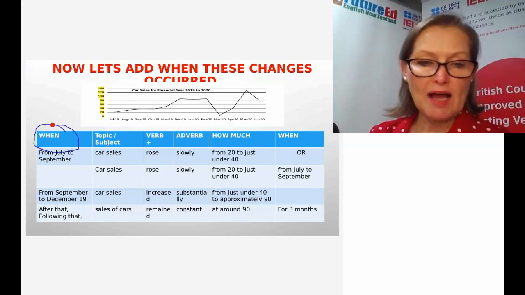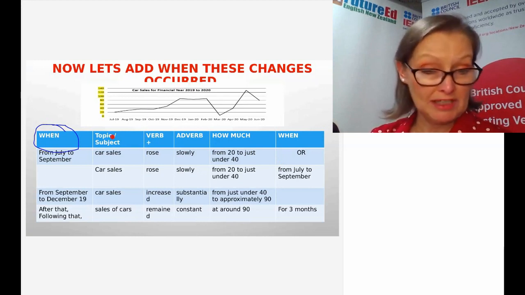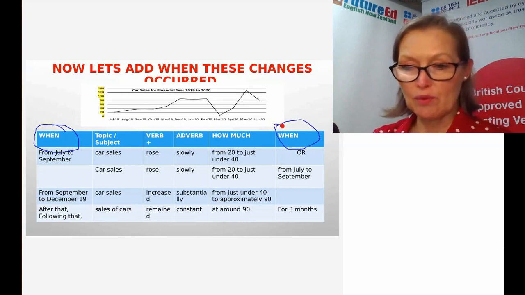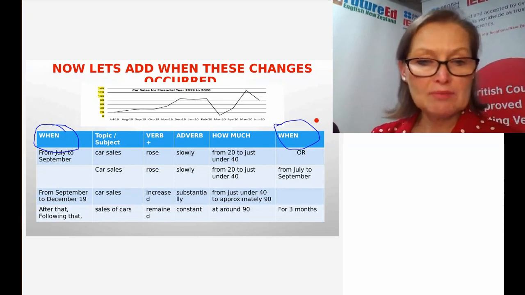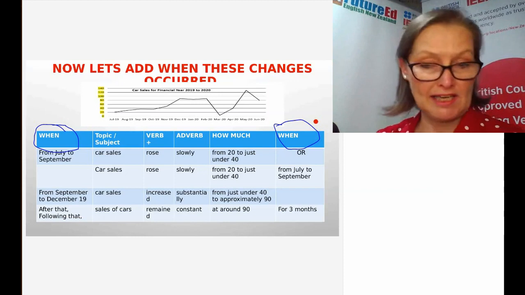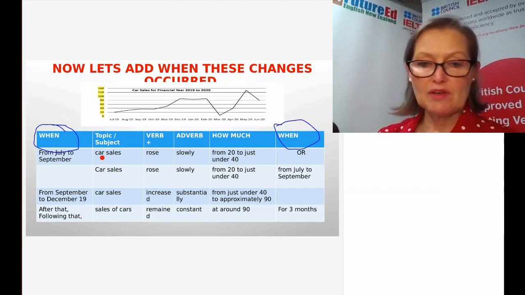Notice that we can put our time when it happened. We can either put it right at the beginning of the sentence, or we can add it right at the end of the sentence. And this is really useful because it means that I can alternate that to make my sentences less repetitive. So there are my sentences.